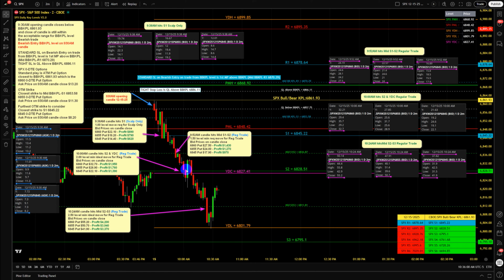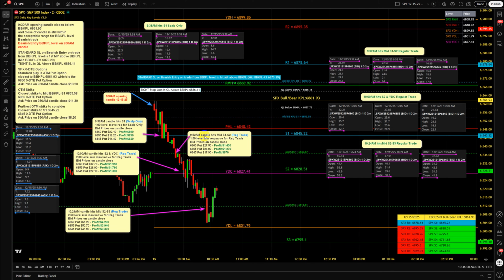As it continues to move down in your favor to other levels, you have the same decisions to make on those different waypoints: either closing out any remaining contracts, or if you're still in all contracts, closing out all contracts, or continuing with the adjustment of your stop losses as it continues to move in your favor.